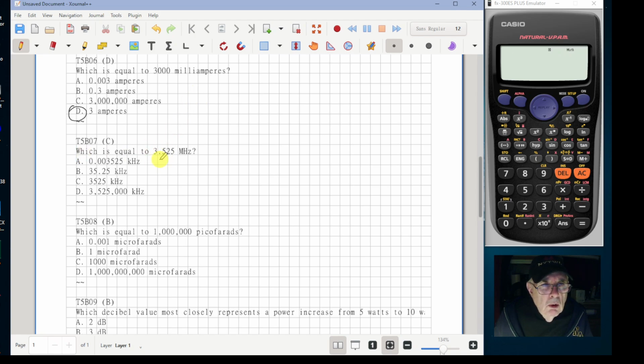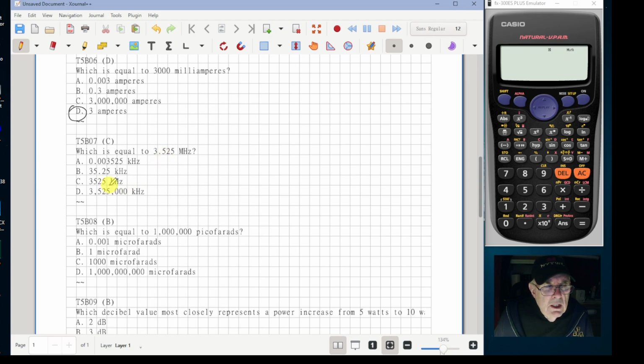Which is equal to 3.5 megahertz. And all of our answers are in kilohertz, which is below megahertz. So if I move the decimal point over here, we get 35.25 megahertz. No, it's going to be smaller than that by another order of magnitude.